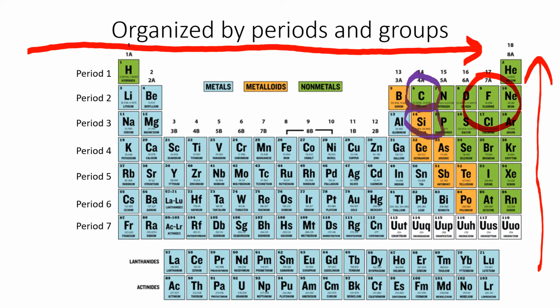Likewise, we can use the left and right trends as well. All the way on the left-hand side, if I pick out rubidium, circled in blue, and then compare that to iodine all the way on the right, well, iodine is to the right of rubidium. That means it's going to be more electronegative.